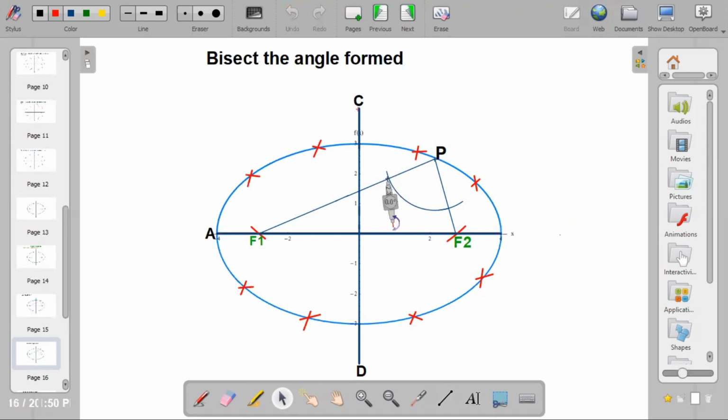Strike an arc. Take it to the other end. With the same radius, strike another arc.